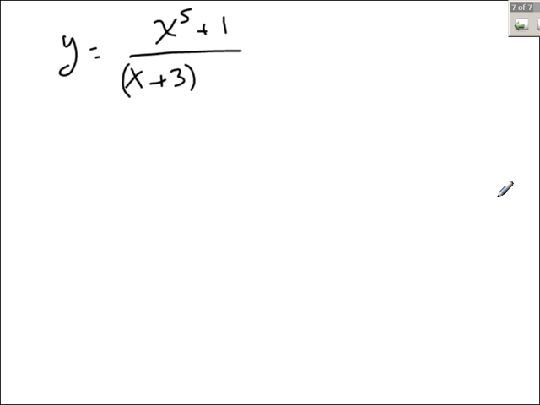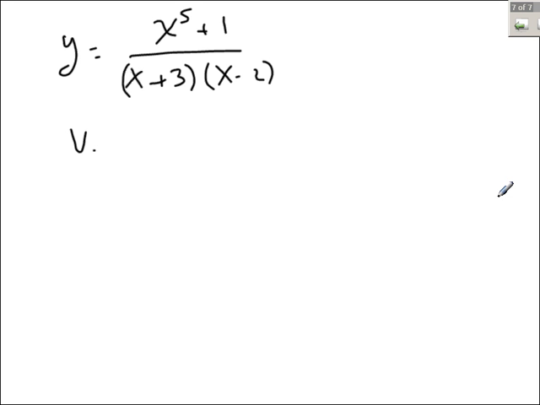Let's try one more. Suppose you have y is equal to x to the 5th plus 1 divided by x plus 3 times x minus 2.